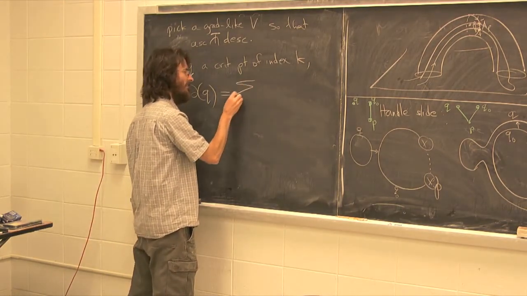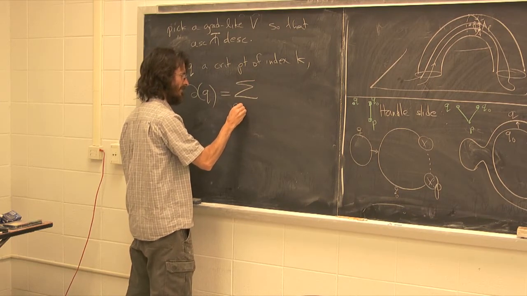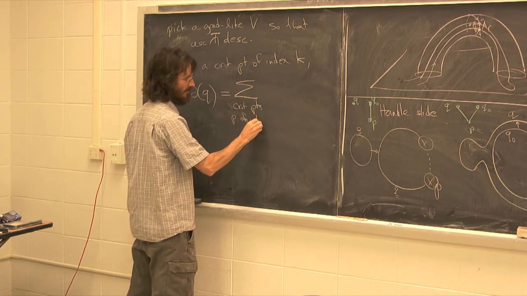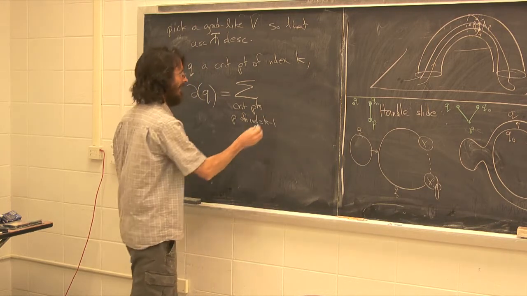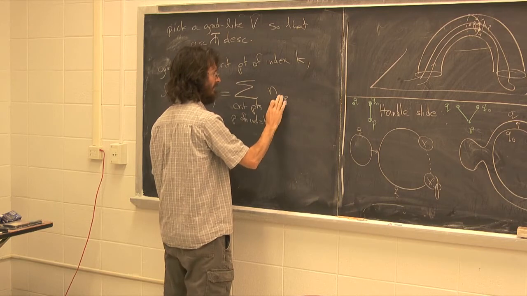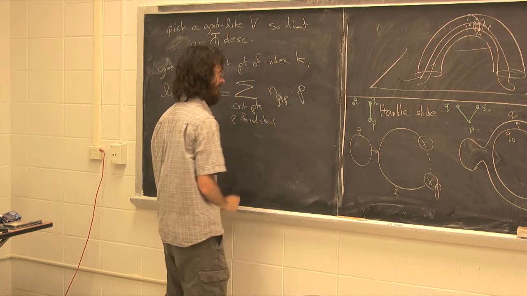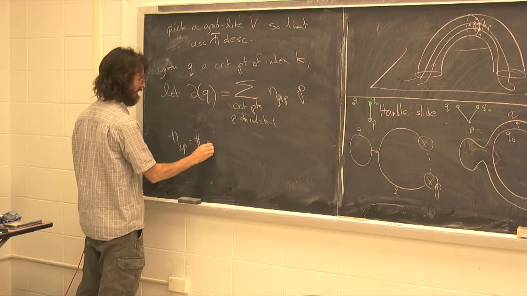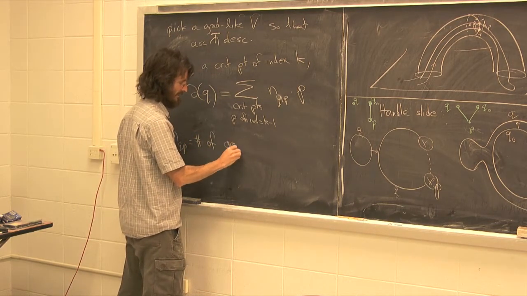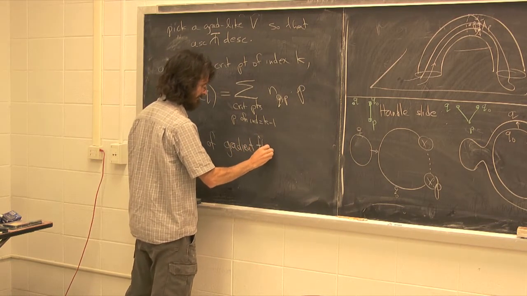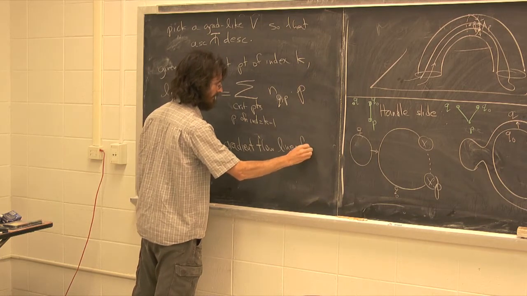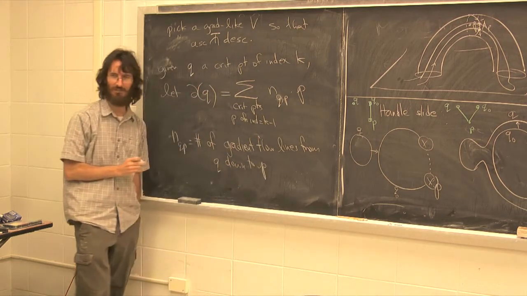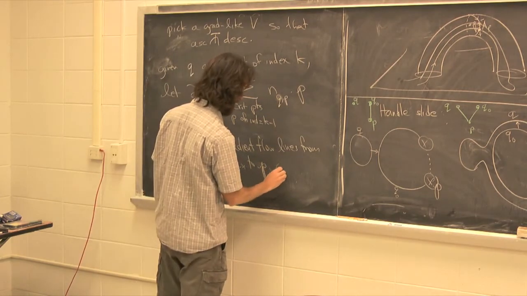So it's going to be the sum over all critical points P of index k minus 1 of n sub qp times P. And n sub qp is equal to the number of gradient flow lines from Q down to P. Now you can either take that number mod 2 or you can count that number with sign. So count it with sign, we'll do it that way.